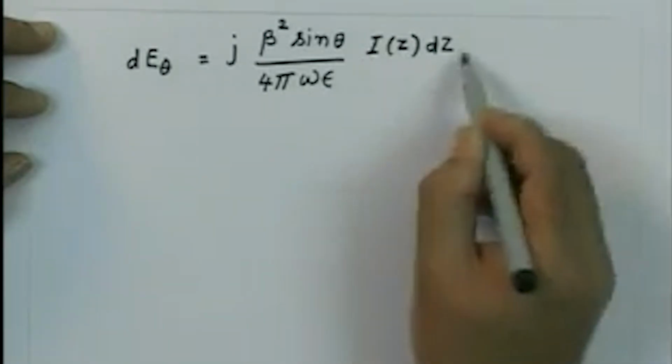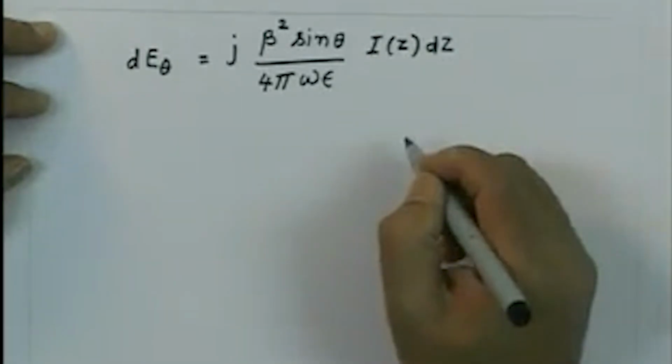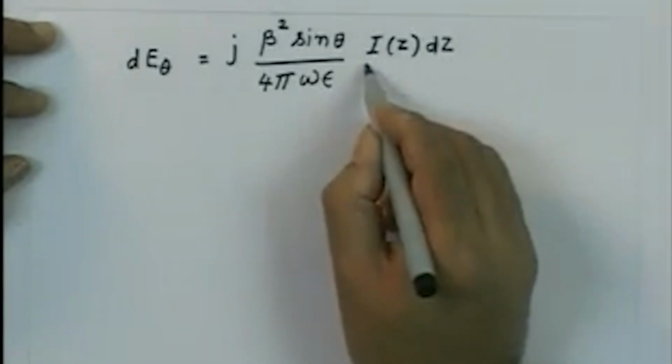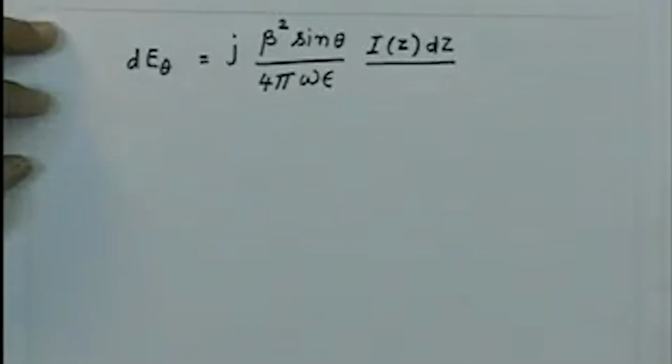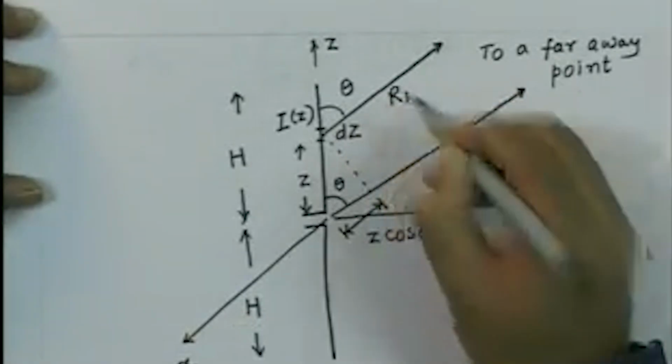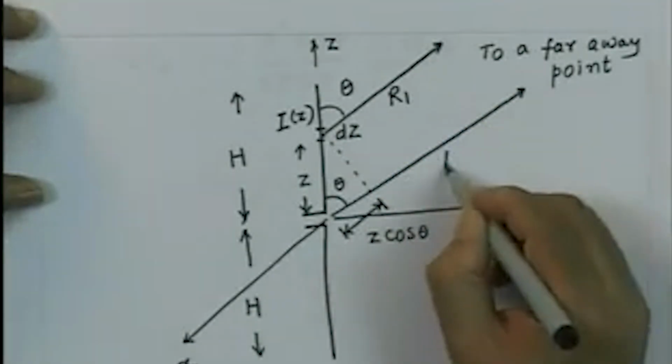This is the current moment for that infinitesimally small element, divided by r1, the distance of the point from this element. Let us say this is r1 and the distance from the center is given by r.